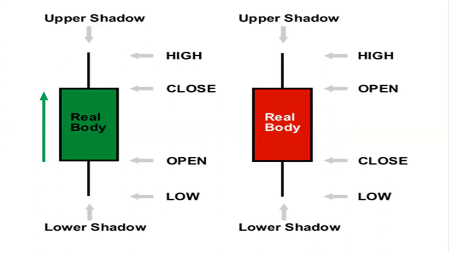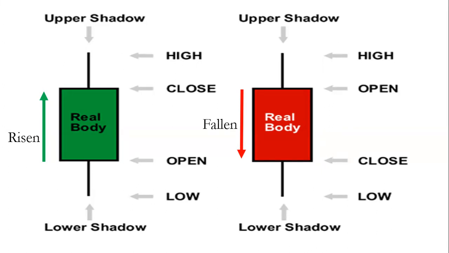The other color that I notice is red. If I see a red color, this is an indication for me that price has been dropping. What that means is that price has actually closed below the open. All right.